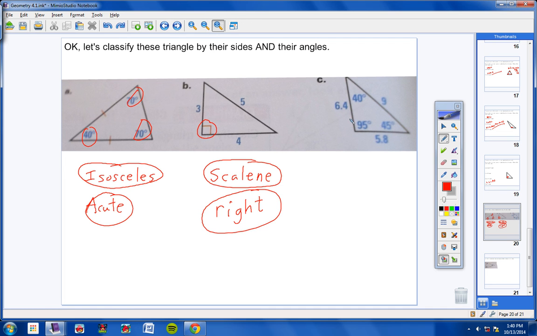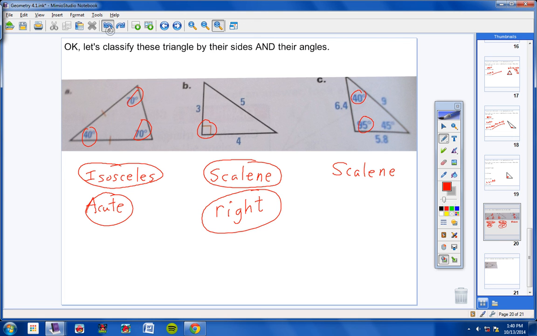Okay, here we go. Let's start with the sides, okay? We have a side of 6.4, a side of 9, and a side of 5.8. Notice all three sides are different lengths, so we call that a scalene triangle, okay? Scalene. Now, notice I have no congruent angles. They're all different angles, okay? 40, 95, and 45, okay?